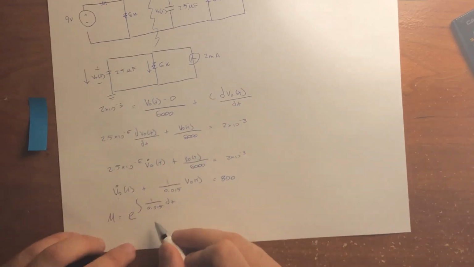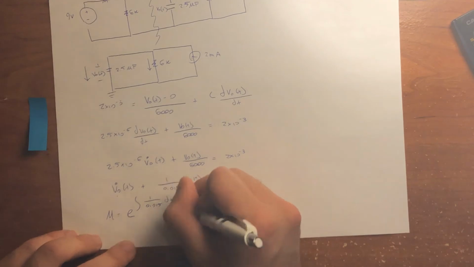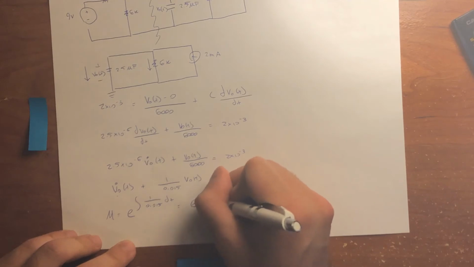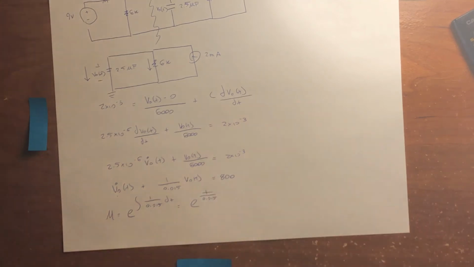This integral is just e to the power of t divided by 0.015. That's pretty much finding the integrating factor, u(t). We multiply everything in the differential equation by u(t), and we integrate both sides in order to deal with the constant of integration, and then we will be able to solve for V0(t).